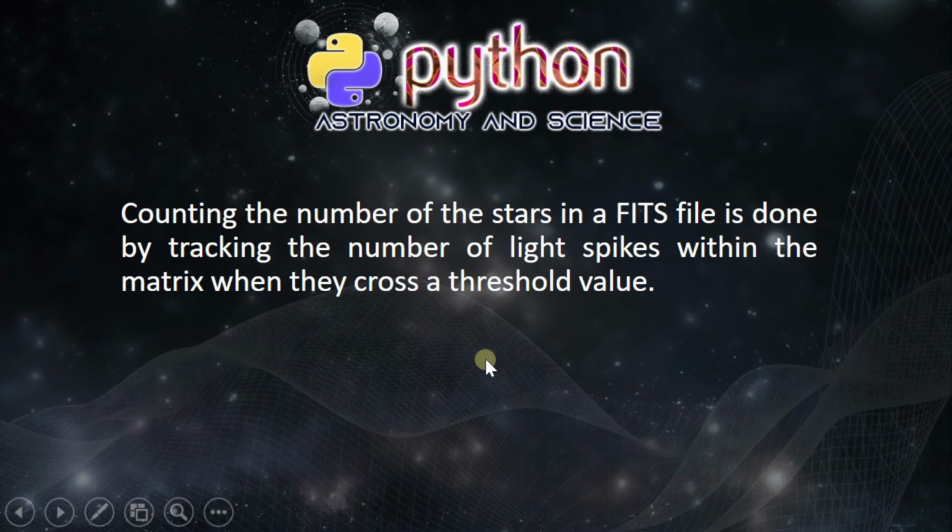Okay, one of the things that we can also do is counting the number of the stars in a FITS file, which is done by tracking the number of light spikes, the peaks within the matrix when they cross a specific threshold, because you have noise within the picture, you have contaminants due to the lens of the telescope. However, when you cross a specific threshold, you can consider that this point of light is intense, like we see here in this background image.